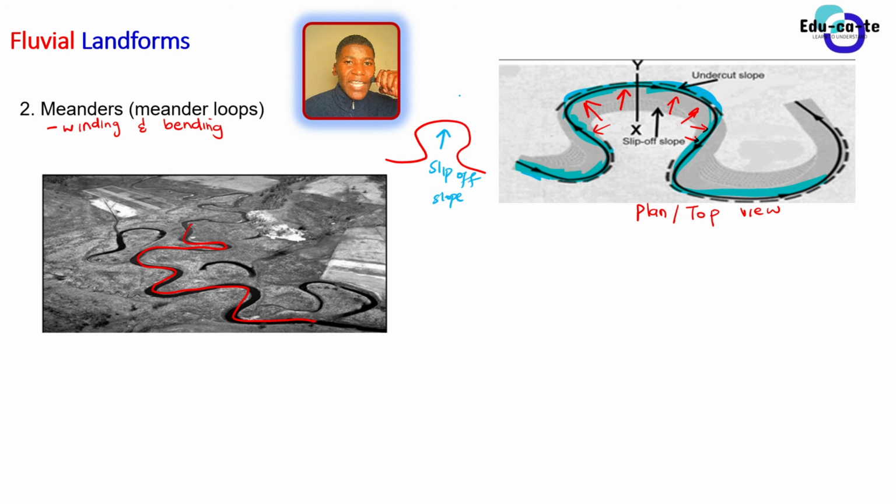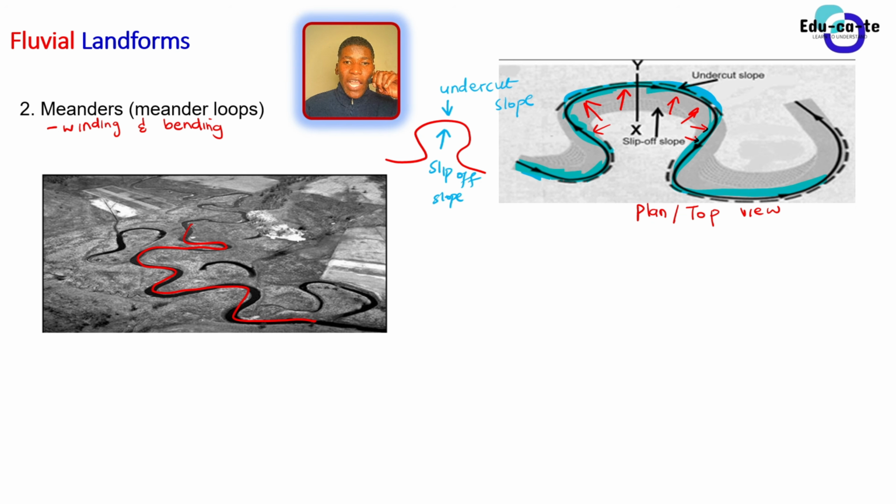And then the outer part of the meander loop, or the outer bend of the meander loop, they can say outer bend or they can say outer bank. It's still the same thing. So the outer bank is known as an undercut slope.